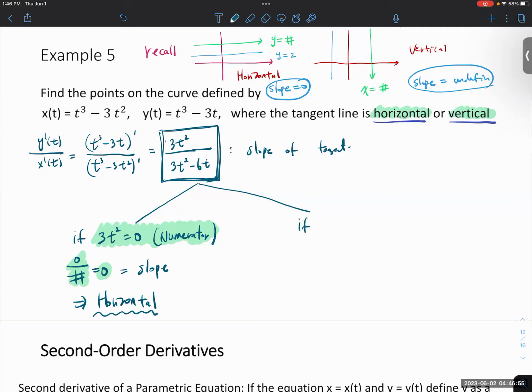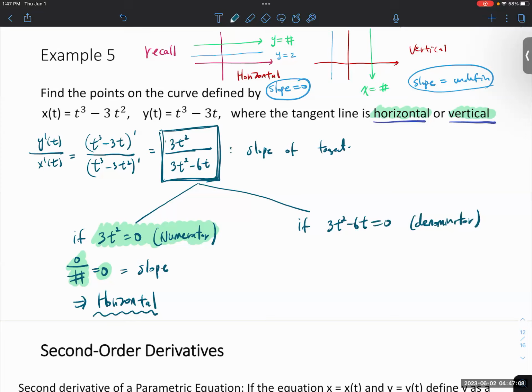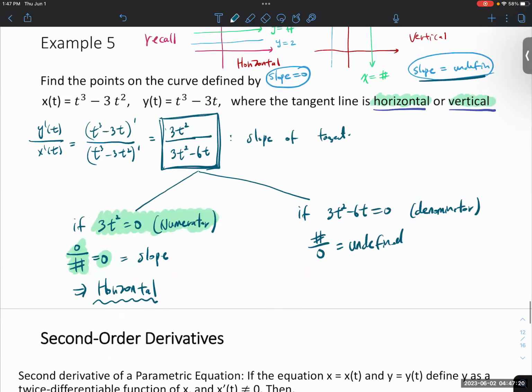If the denominator, 3t² - 6t, is equal to 0, what does it mean? Any number divided by 0 is undefined, correct? 2 divided by 0 is undefined. A million divided by 0 is undefined. So this is the case where you can find the vertical line.